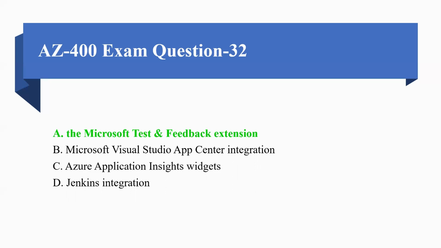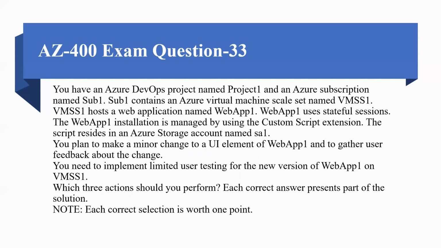Moving towards next question. You have an Azure DevOps project named Project1 and an Azure subscription named Sub1. Sub1 contains an Azure virtual machine scale set named VMSS1. VMSS1 hosts a web application named WebApp1. WebApp1 uses stateful sessions. The WebApp1 installation is managed by using a custom script extension.